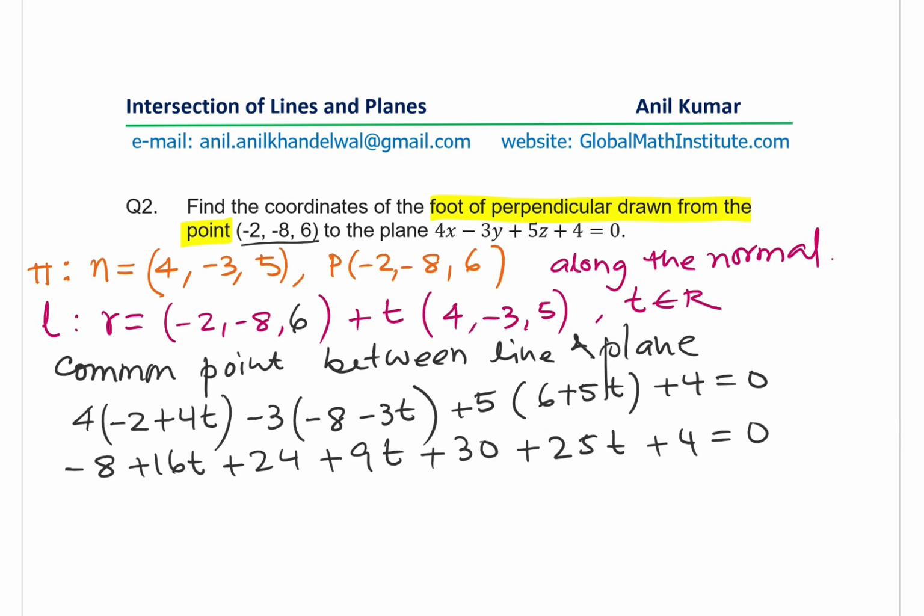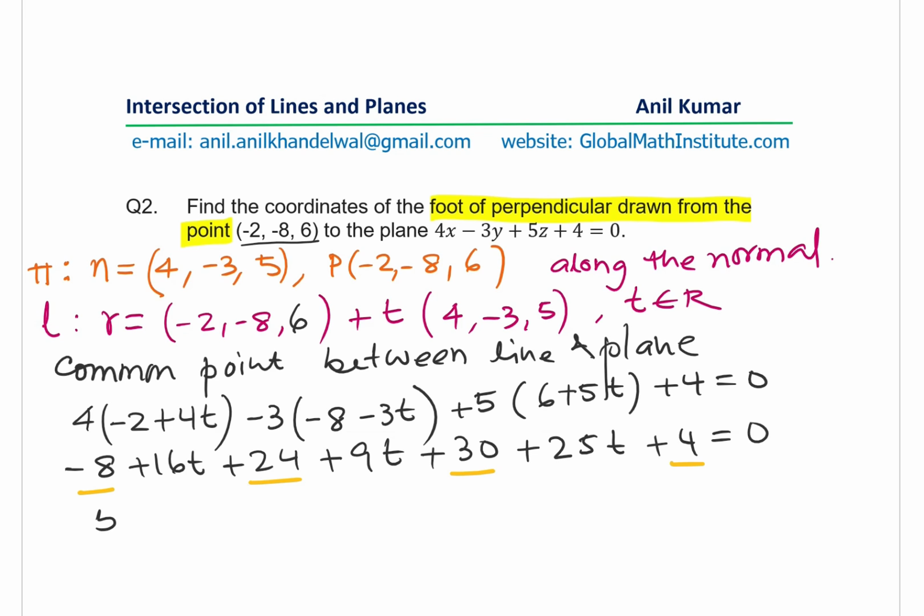Now let's combine the t's and the constants, right? As far as constants are concerned, let's add them up. So we have 4, 30, 24, and minus 8. So we'll add these constants. When you add, we get 28, take away 8 is 20, and then 50, right?